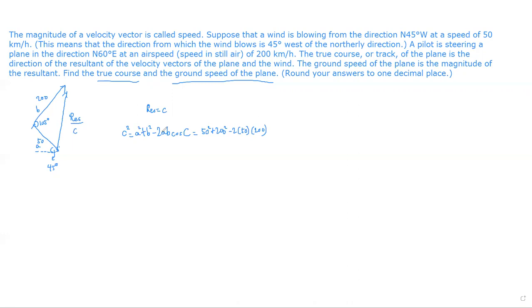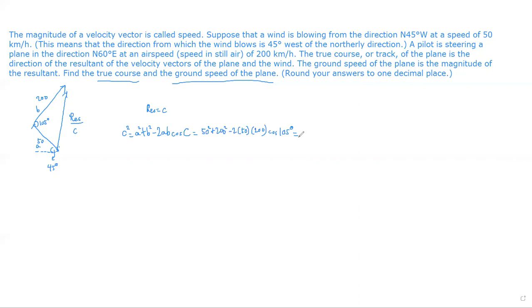Cosine C, with C being 105. It's always the angle adjacent to that line. So 105 cos 105 degrees. And when you add that up, let me just use my calculator here real quick. We're typically not allowed calculators on tests, but on homework we're allowed calculators.